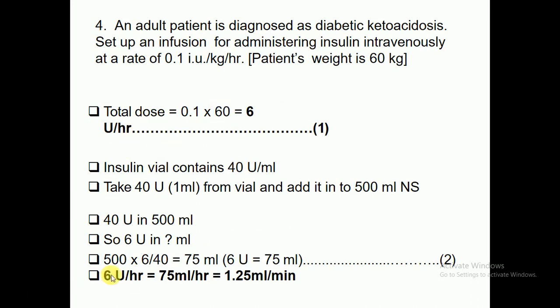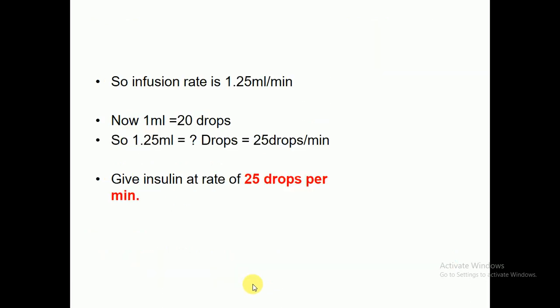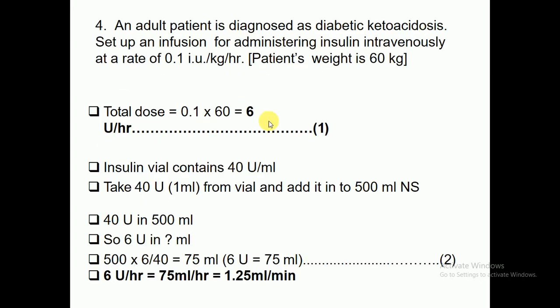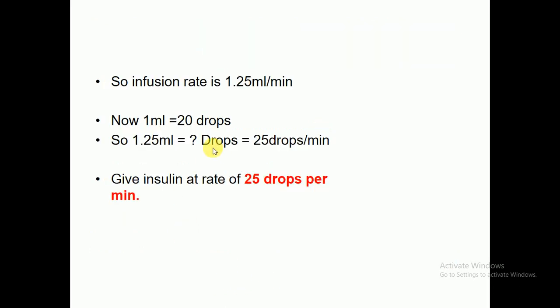In the second step I converted the 6 units per hour into 75 ml per hour, which becomes 1.25 ml per minute. In the third step, the infusion rate is 1.25 ml per minute, converted from hours to minutes. So the final result is that we must keep the insulin at the rate of 25 drops per minute.